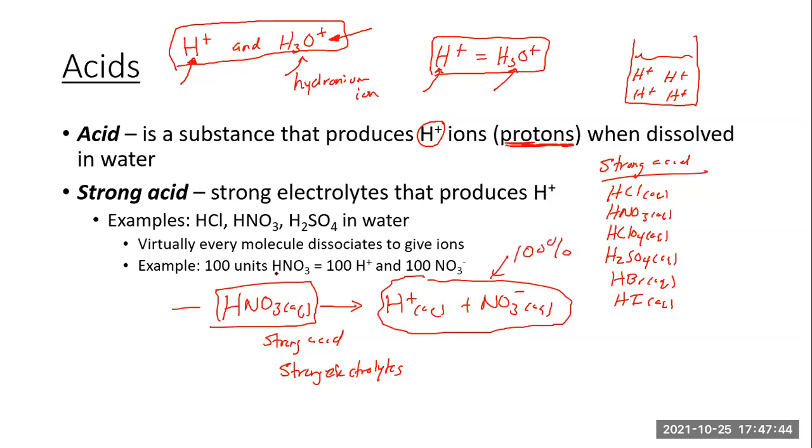You have none of the original molecules in solution. They have all completely broken apart. That's really why it's considered a strong acid, because when something like nitric acid goes for a swim, it produces a lot of free H+ in that solution very, very quickly. That makes it a very strong acid. Any questions on that?